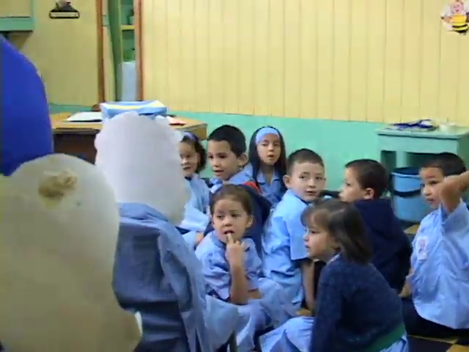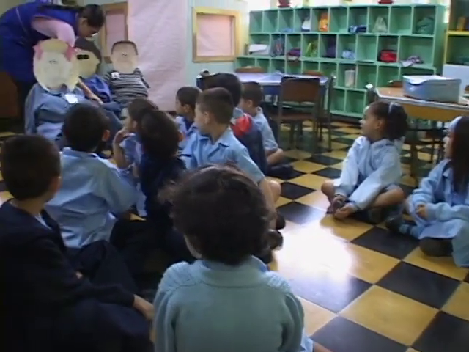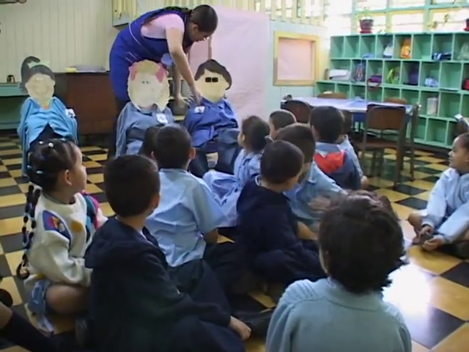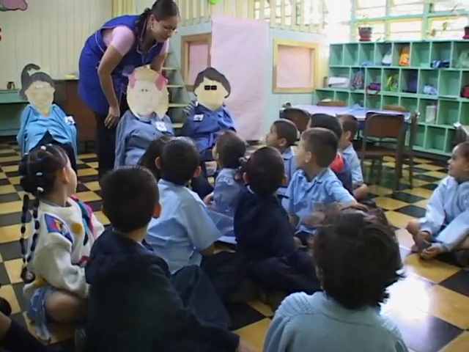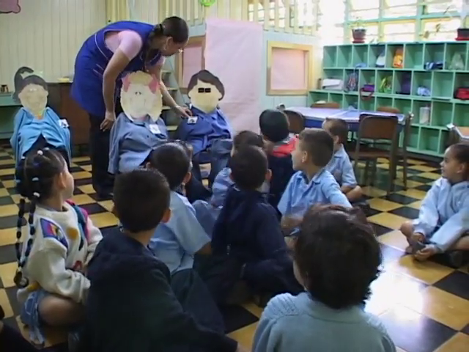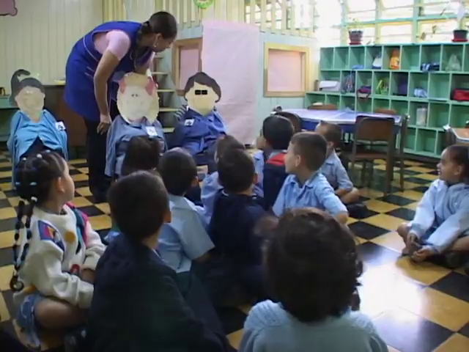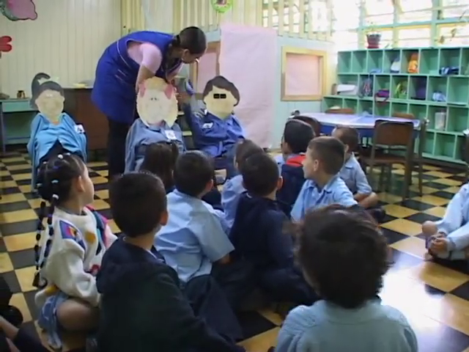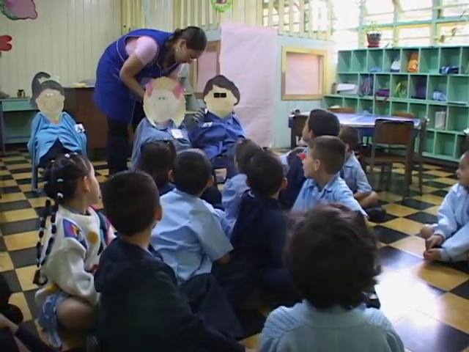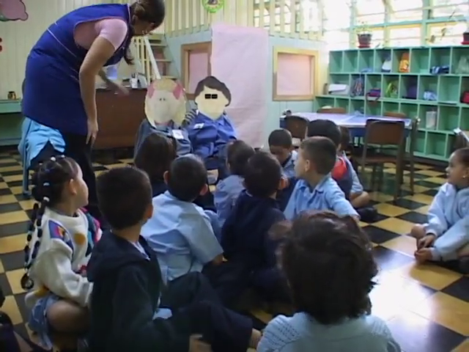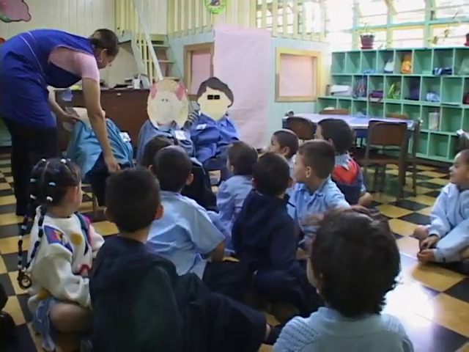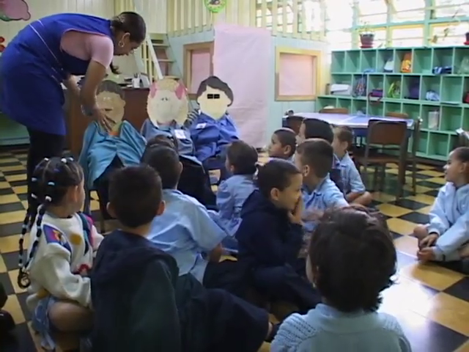Oh, and Ana Lorena has some friends here. Let's see. Hello? Hello? His name, let's see, Jose Pablo. Hello, Jose Pablo. Hello, teacher. This is Jose Pablo and Ana Lorena. And we also have Maria.